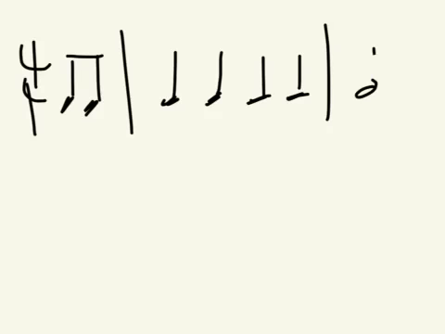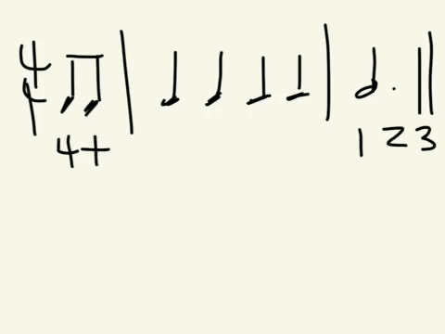The end. So your pickup beat and your last measure should add up to 4. The last measure is 1, 2, 3, and your pickup is 4 and. So you're borrowing from the last measure of music, more specifically from the end of the last measure.